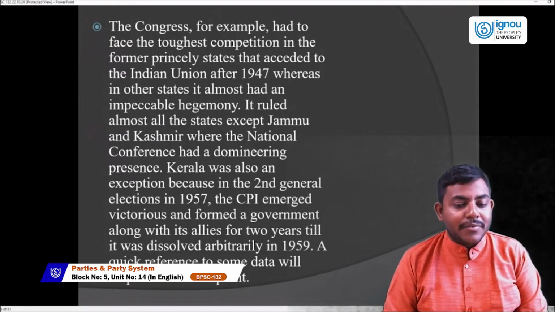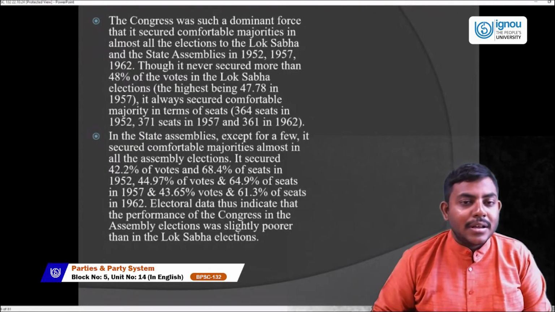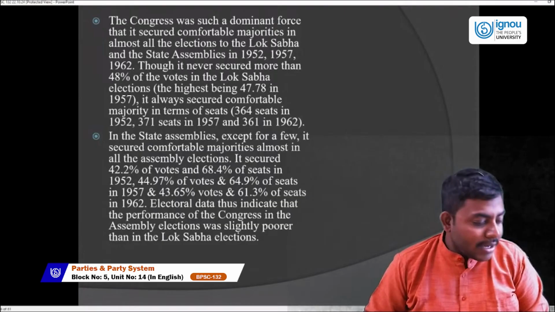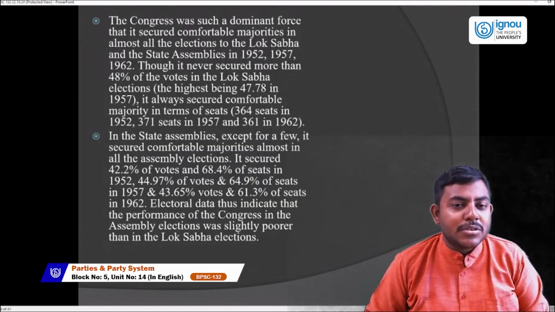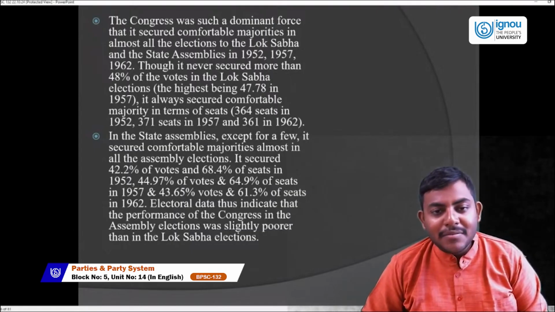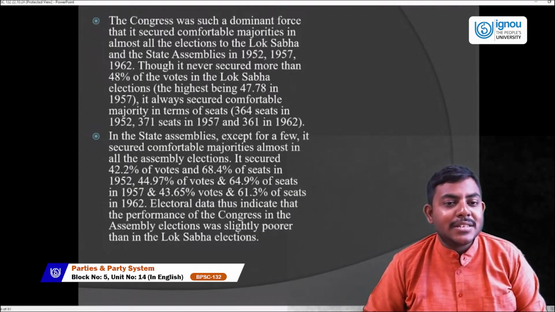A quick reference to some data will help illustrate this point. The Congress was such a dominant force that it secured comfortable majorities in almost all the elections in the Lok Sabha and state assemblies in 1952, 1957 and 1962.